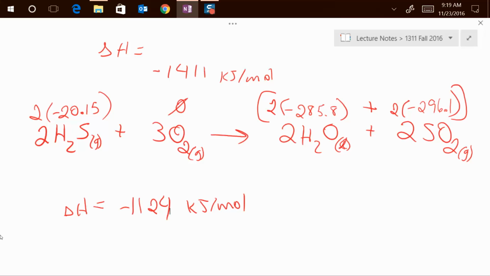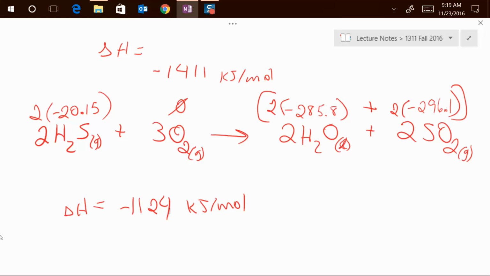So these just add together since this will be negative, right? So 571.6 plus 592 is negative 1163.8, right?